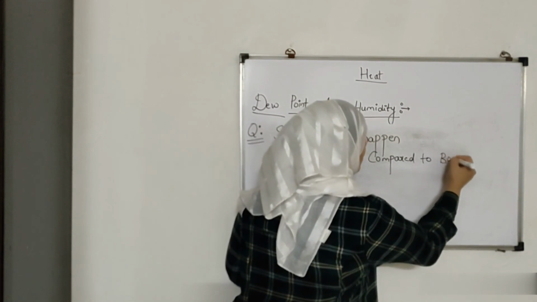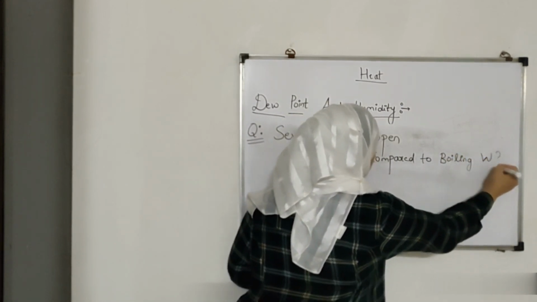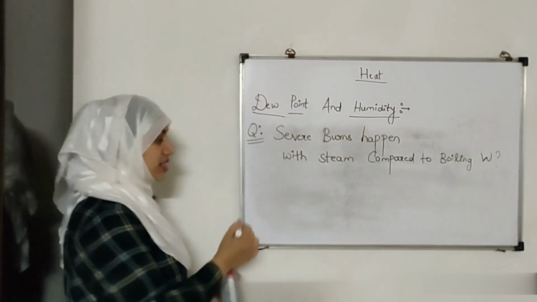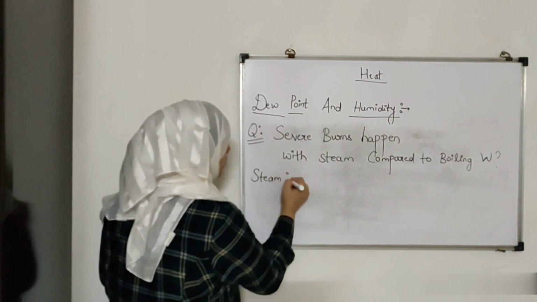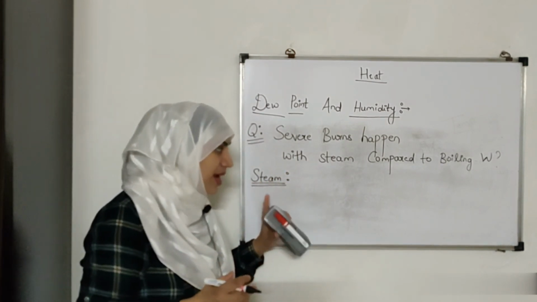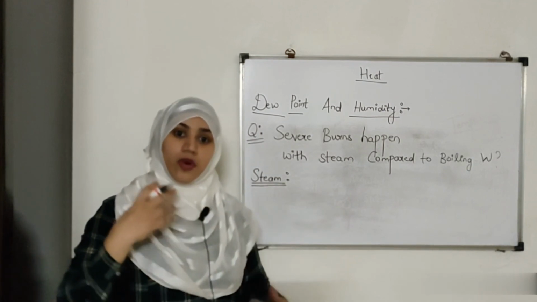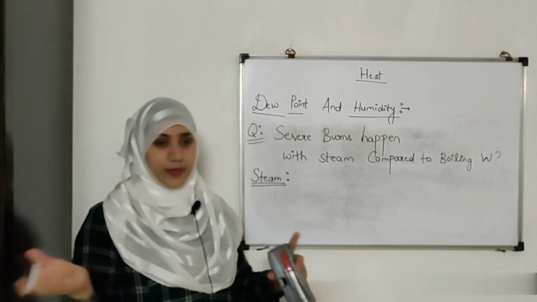See, the reason behind it is steam has got more energy. Now you must be wondering why the steam has got more energy. See, how is steam formed? The formation of steam happens when the boiling water gets converted to steam, water vapors, right?